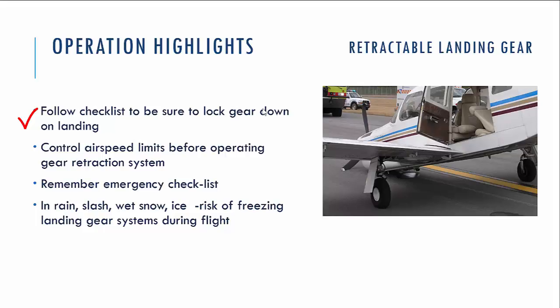You always have to control airplane speed to keep the airplane within the airspeed limits before operating gears up and down, and always need to know and remember the emergency checklist for different situations.